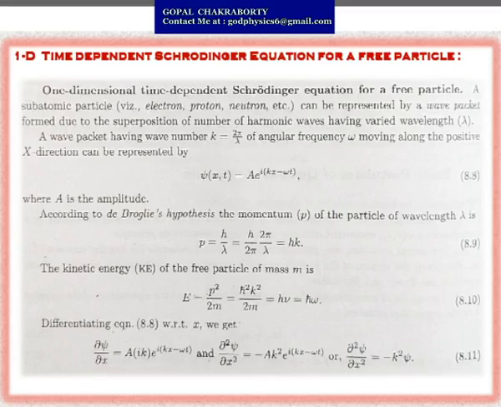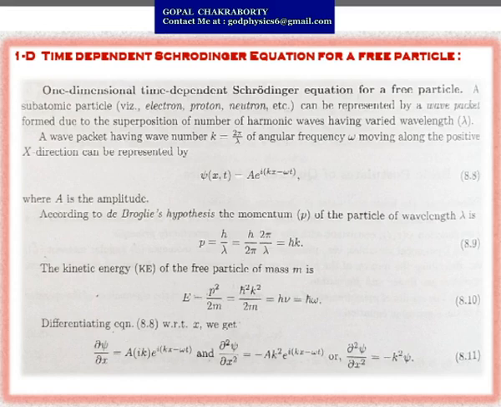Okay, so a wave packet having wave number k equals 2 pi by lambda and angular frequency omega, moving along the positive x direction, can be represented by the function psi of position and time, that is equal to A e to the power i(kx minus omega t). So A is the amplitude.